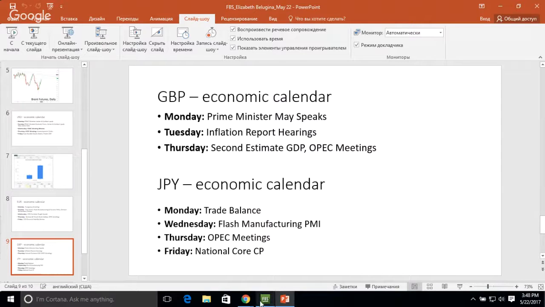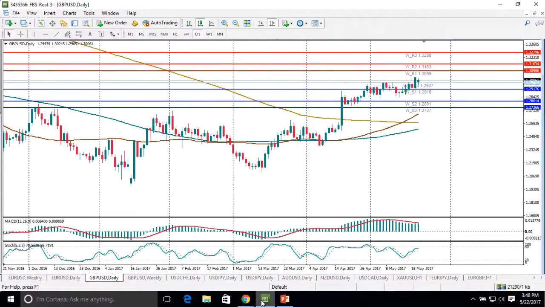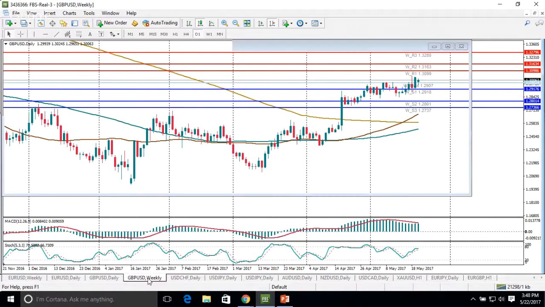So returning to the technical chart, the main idea is that the medium-term outlook for the British pound is rather good, but we lack a convincing break of 1.30, and so a return to lower levels, the support levels I've mentioned, is quite possible.